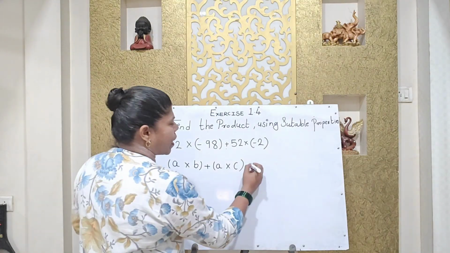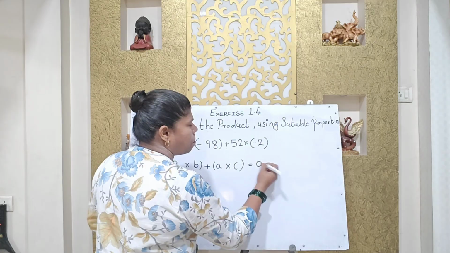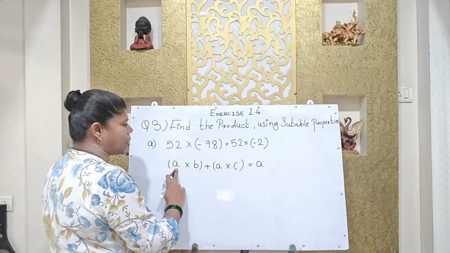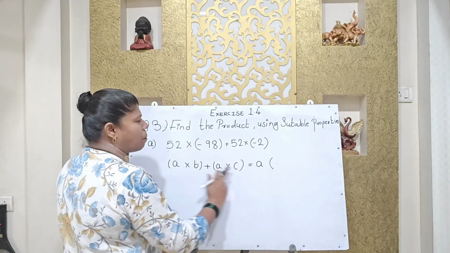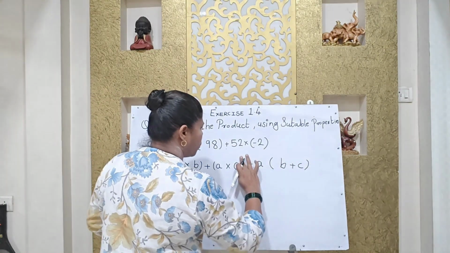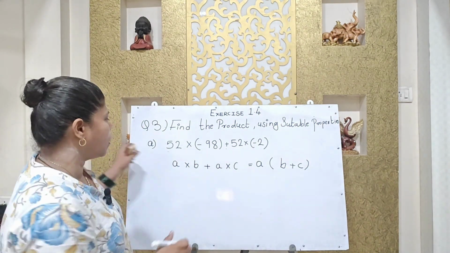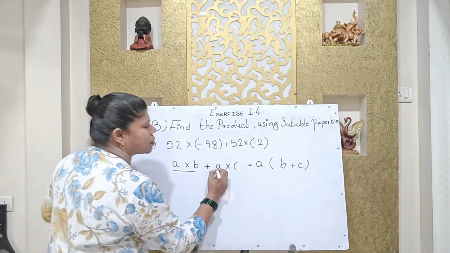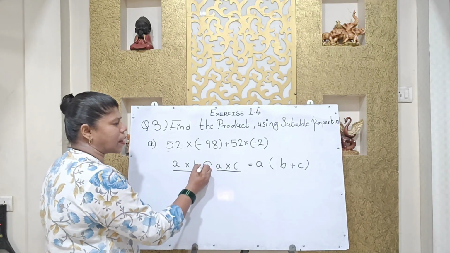This we can also write when there is a common A. Common A है तो हम उसको common बाहर निकालेंगे. If we take this A out, what will remain in the bracket? B plus C. We can remove this bracket also. See, this is one expression. This is another expression. हमारे पास दो एक्सप्रेशन हैं, वन साइन इज देयर.